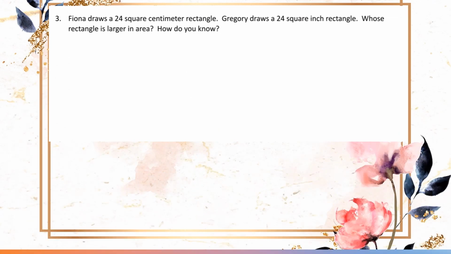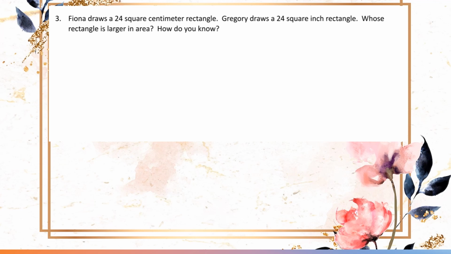Let's look at number 3, which is the last question of our homework. And it says Fiona draws a 24 square centimeter rectangle. Gregory draws a 24 square inch rectangle. Whose rectangle is larger in area? How do you know? So Fiona draws a 24 square centimeter rectangle.